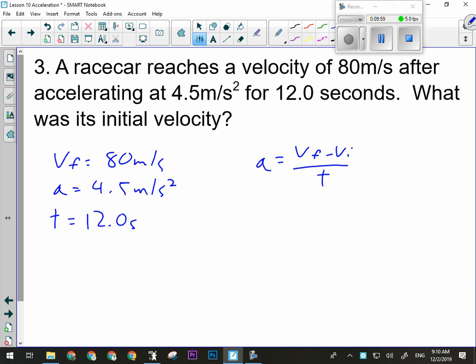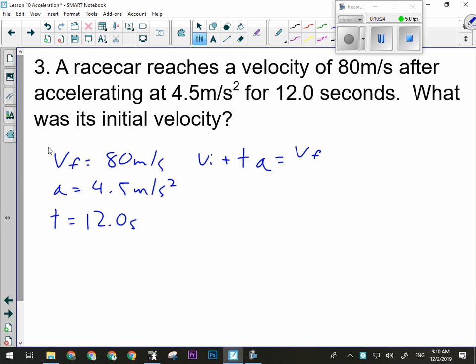All right, I'm going to multiply both sides by t first. So t comes over here. Okay? Now, at this point, I could just subtract VF over to that side. But when I do that, VI stays over there, and it stays negative. Right? So what I do is I actually add VI over to here. Now VI is positive. Right? But obviously I'm not solving for it yet.